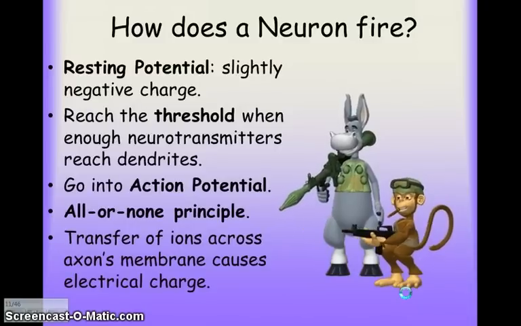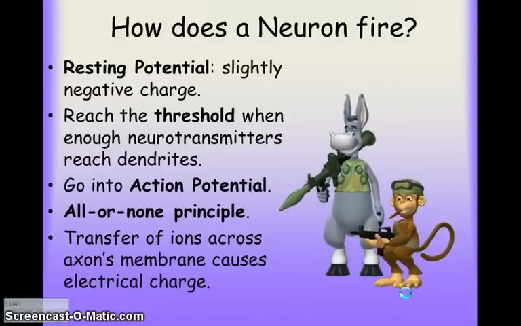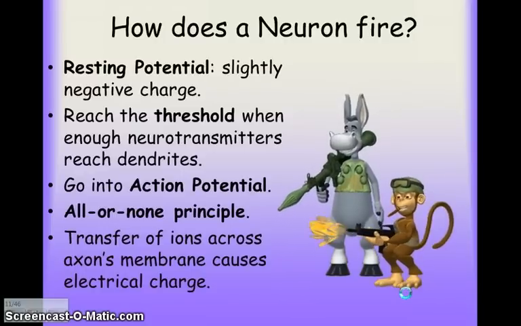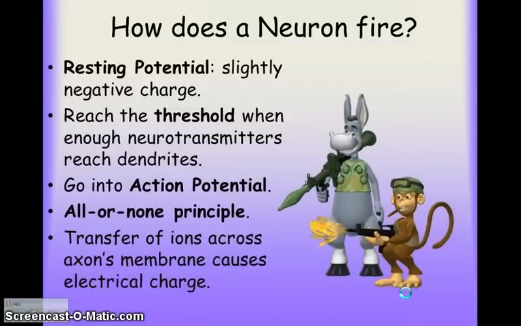It's not reached the threshold yet. But eventually, when that trigger is pulled to a certain point and it hits the threshold, that gun fires. And it fires totally, it fires 100%. And that's exactly like a neuron does. It gets to a certain point and then it either fires or it doesn't fire.